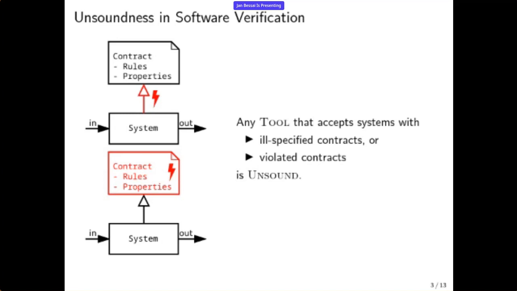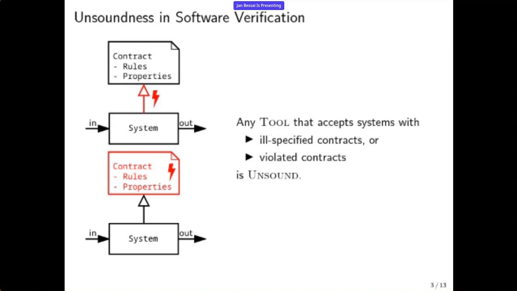Another thing that could happen, and we will see that later today in the workshop, is that actually the contract and the rules aren't proper. This could happen if they are unimplementable, for example, but it could also be that the logic or the language to express these rules and properties of our system is somehow not adequate for what we want to do.